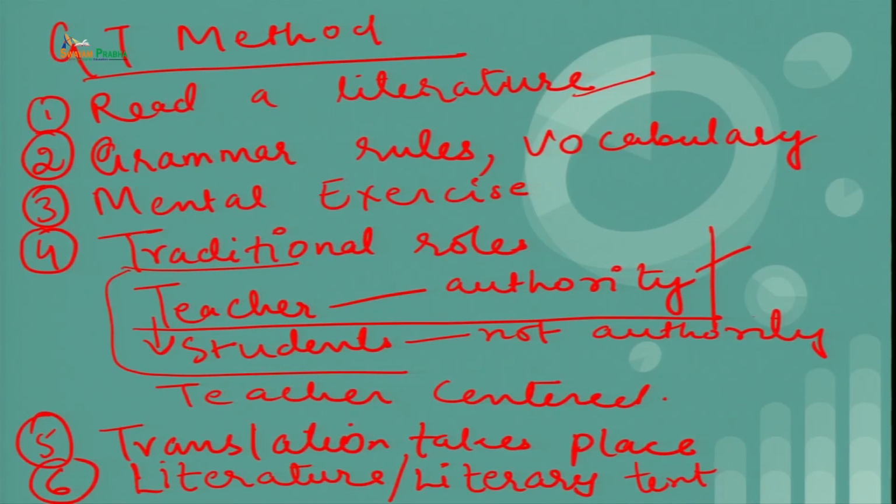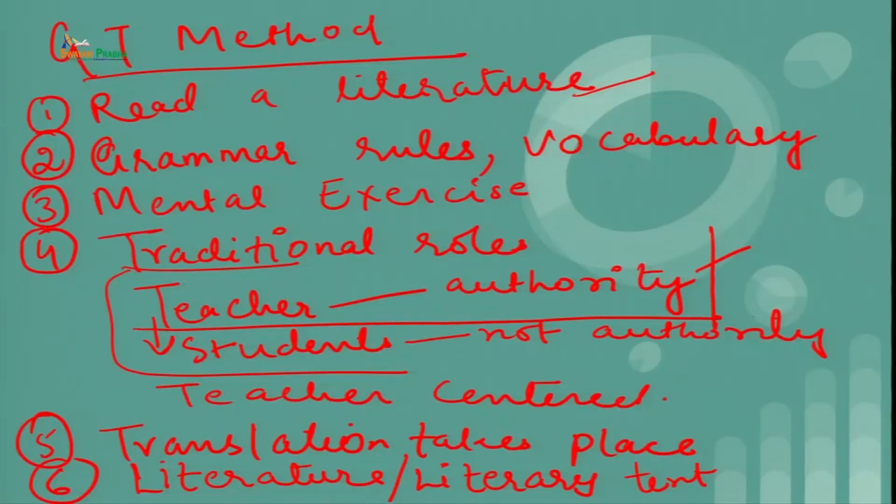And the last question that comes under the heading of the GT method is how assessment takes place, how evaluation is carried out. The answer is that written tests in which students are asked to translate from their native language to the target language are often used.